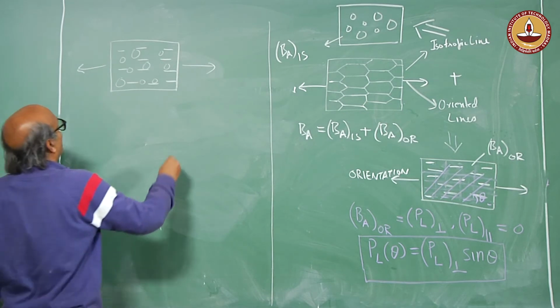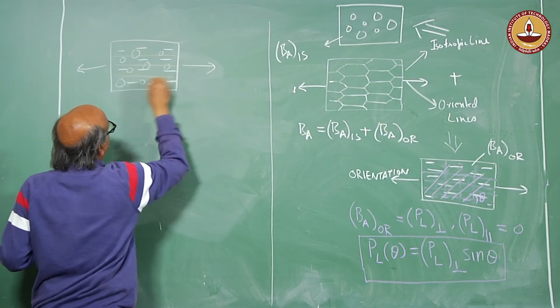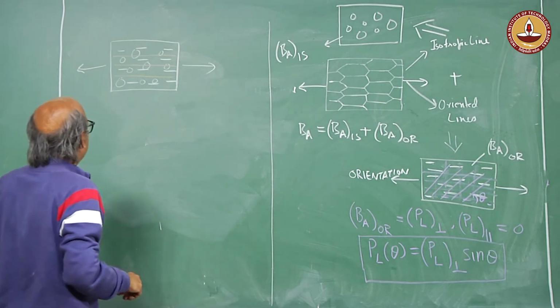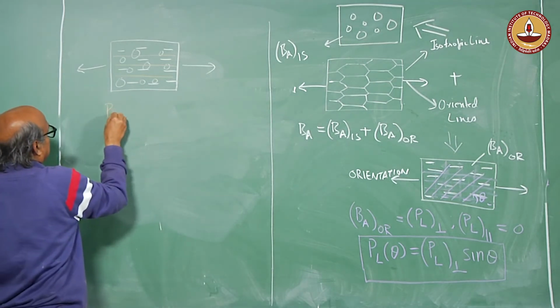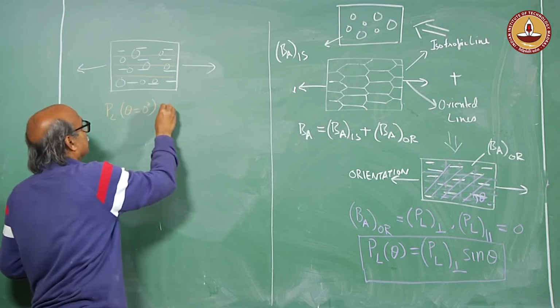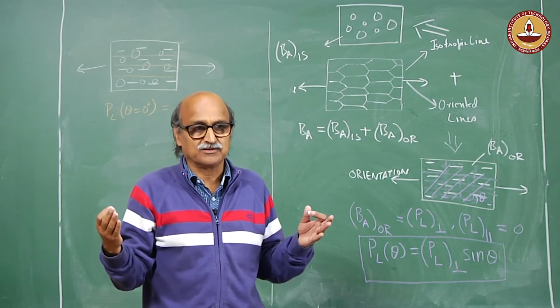If I superimpose on it a line probe like this and get PL at theta equals 0 degrees, with which elements is this line probe going to intersect?